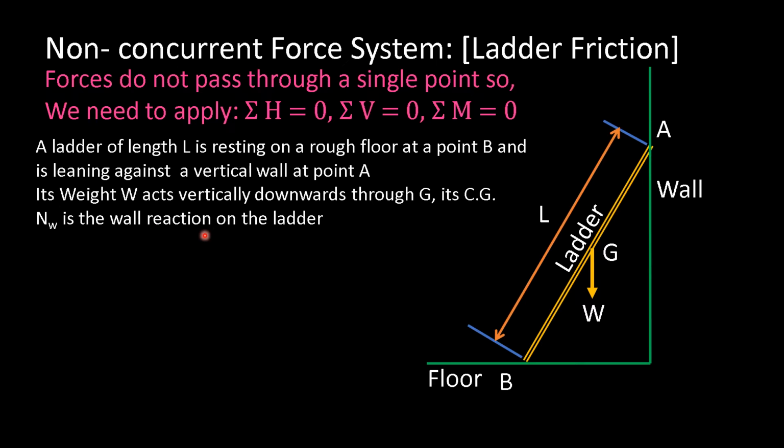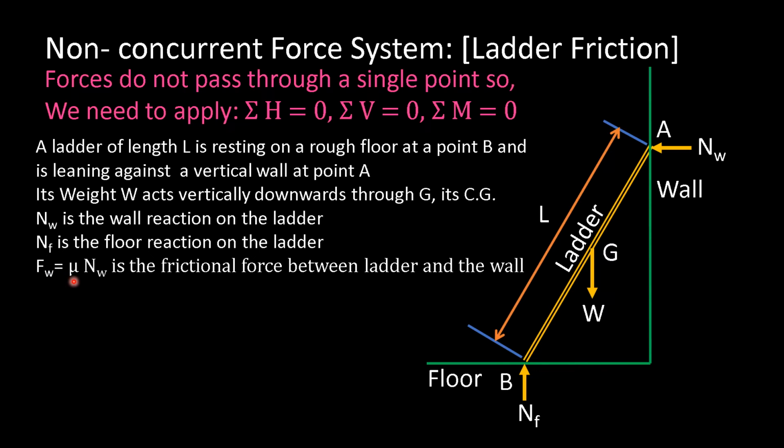NW is the wall reaction on the ladder, which acts towards left and is perpendicular to the wall. NF is the floor reaction on the ladder, which acts vertically upwards and is perpendicular to the floor.